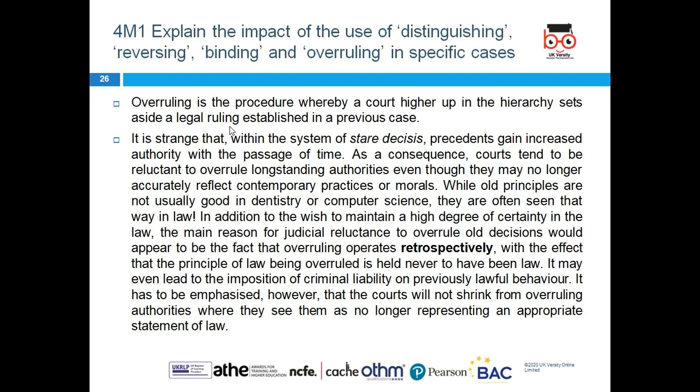Do we know the word contemporary? What is meant by it? Maybe we have heard about contemporary environment, contemporary marketing. It is all about recent issues. Contemporary practices and morals, while old principles are not usually good in computer science and various other fields, because things have changed.